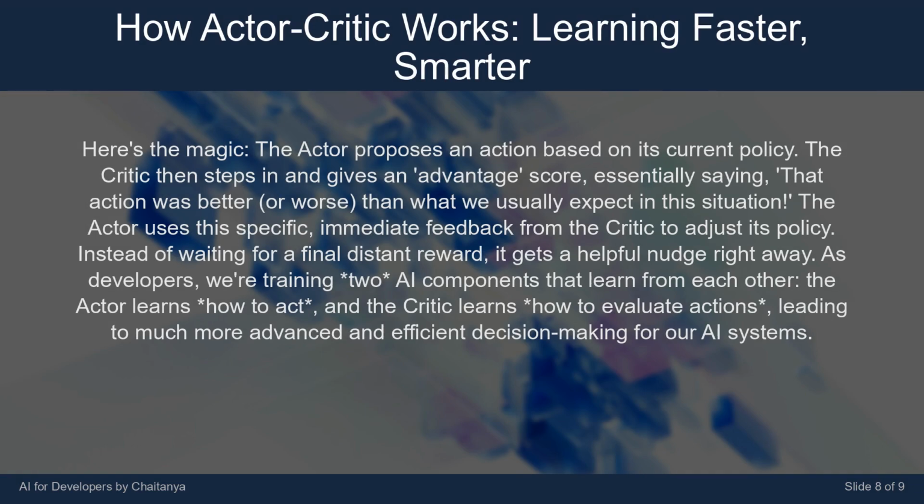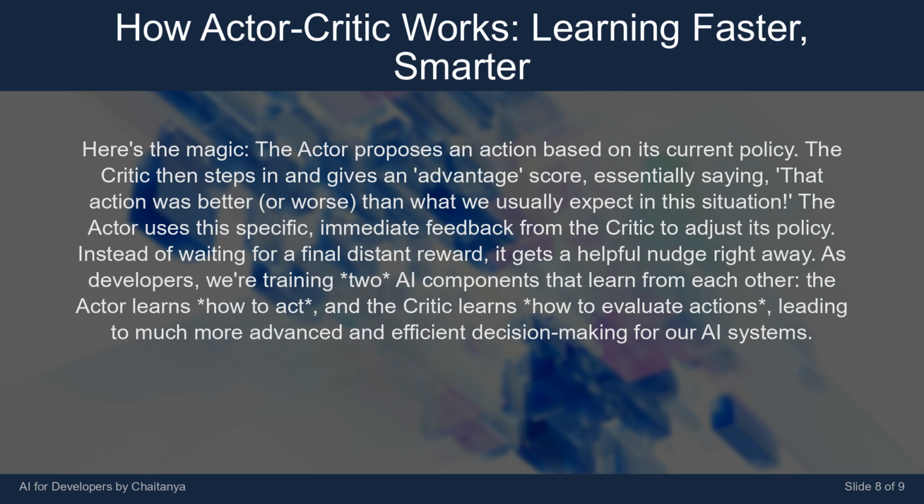Here's the magic. The actor proposes an action based on its current policy. The critic then steps in and gives an advantage score, essentially saying, that action was better, or worse, than what we usually expect in this situation. The actor uses this specific, immediate feedback from the critic to adjust its policy.